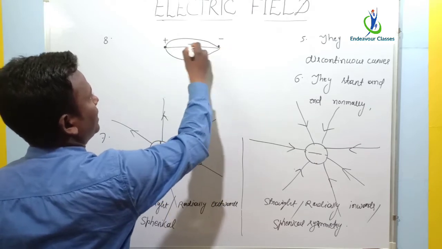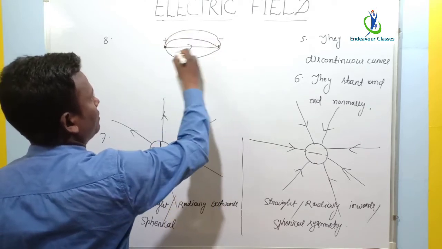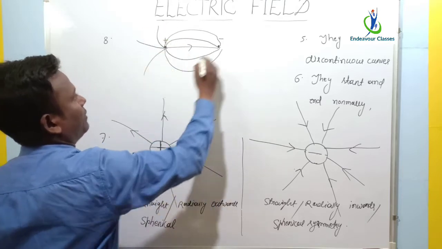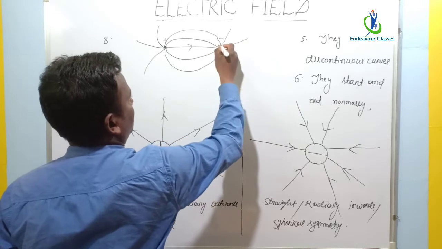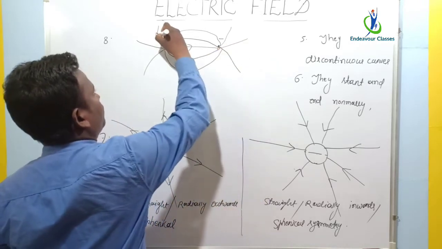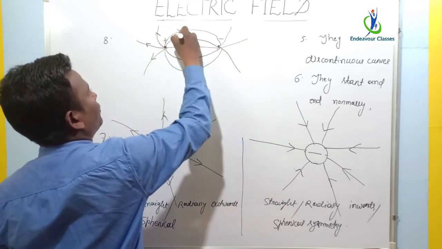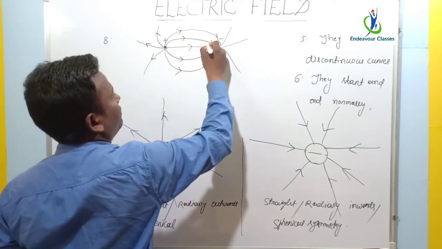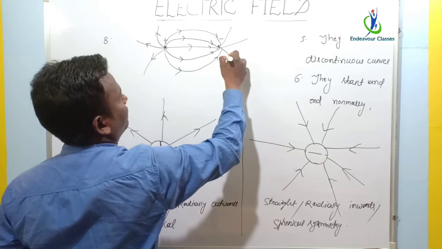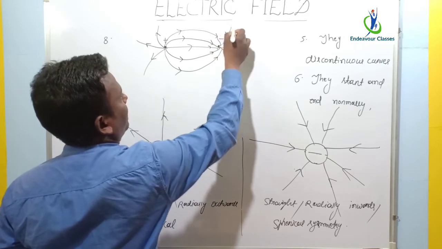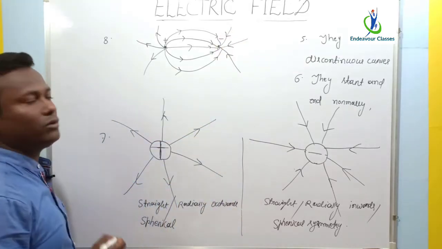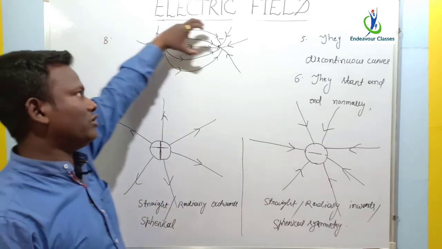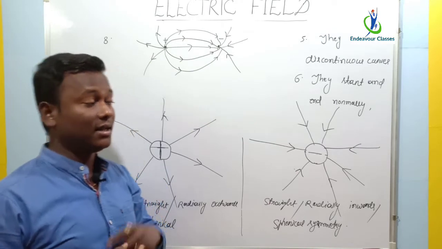So this will look like this. From positive the direction will be outwards, and for negative the direction will be inward.